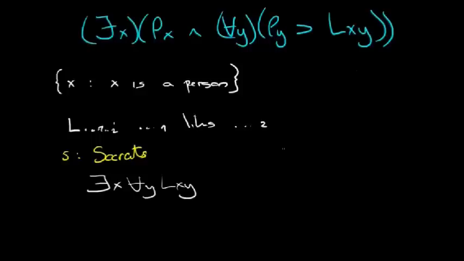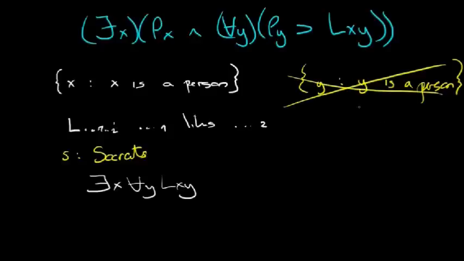So you wouldn't need to do this for y as well. Right? It's tempting to think that here I've said x always refers to a person, but I also need to say that my other variable y always refers to a person too. But we don't need that. Okay?